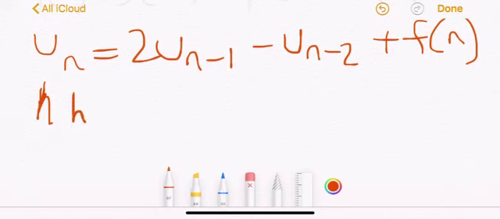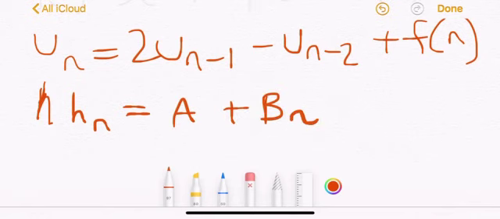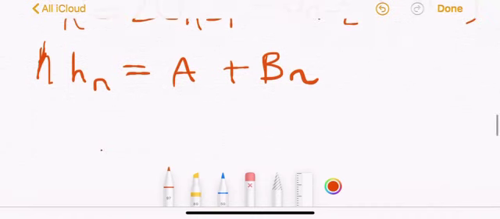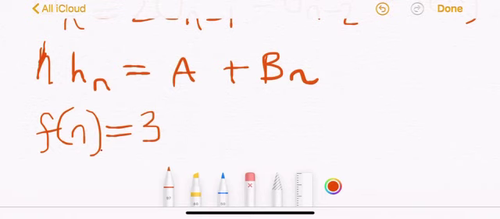So h of n is equal to a plus bn, where a and b depend on the first and second terms of this sequence.